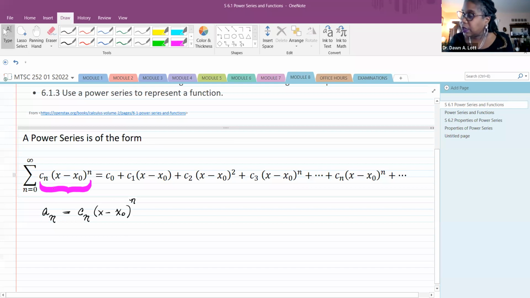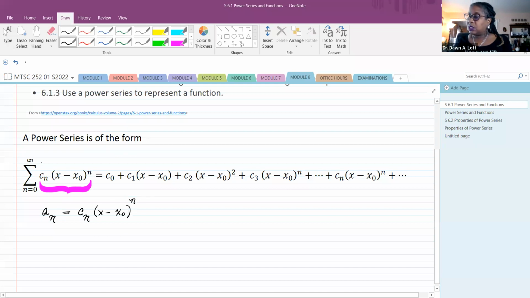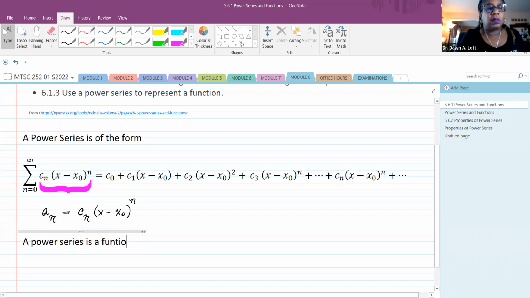Notice that this power series is of that form and it is a function of x.